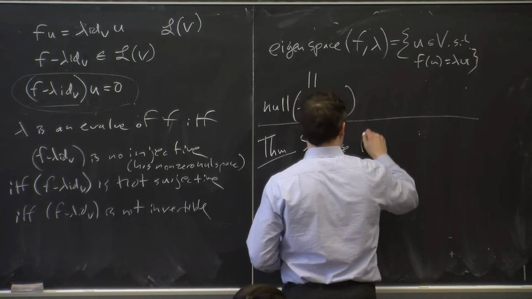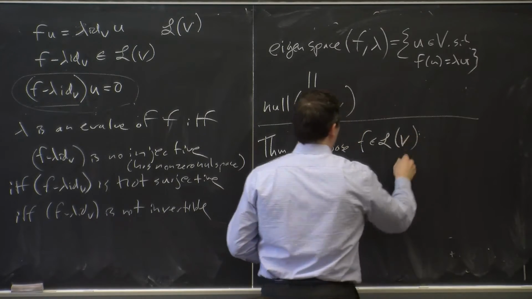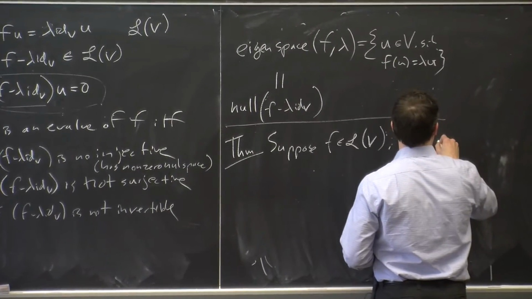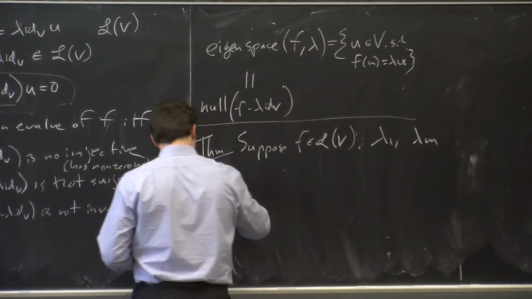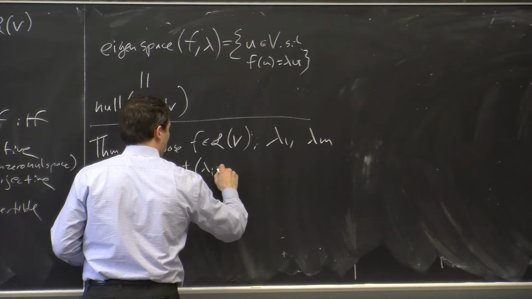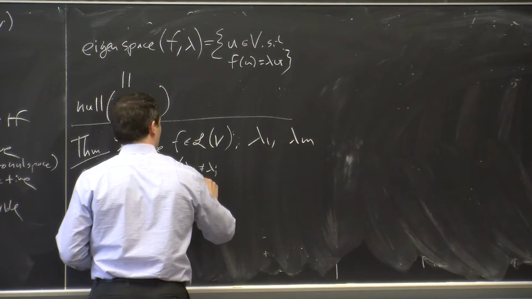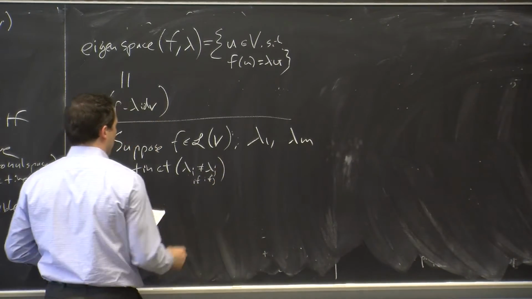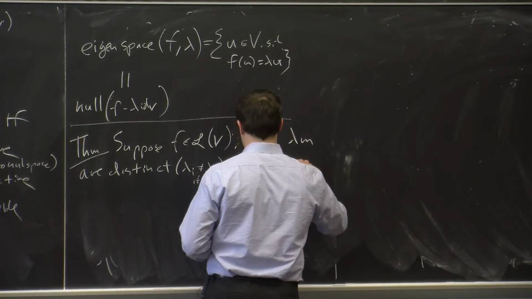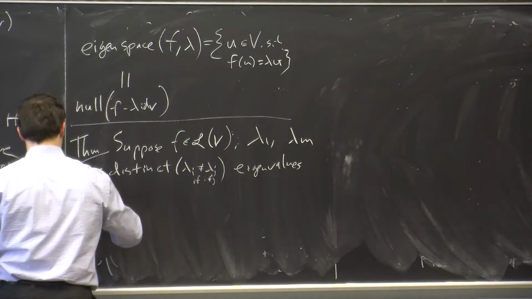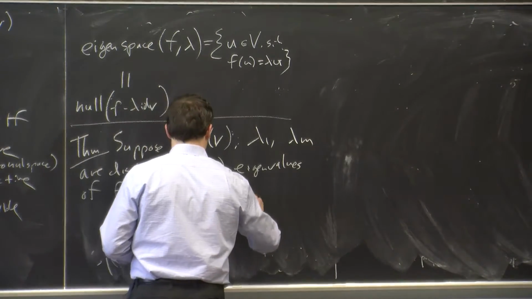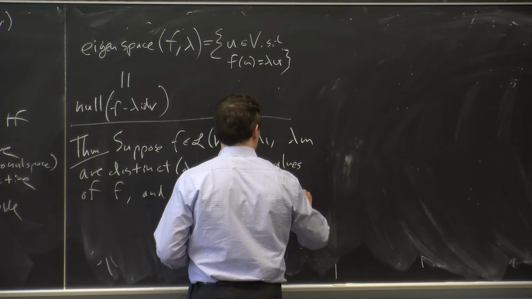Suppose f is a linear transformation from V to itself, lambda 1 up to lambda m are distinct, meaning they're unequal if they're not the same, eigenvalues of f, and v1 up to vm are the corresponding.